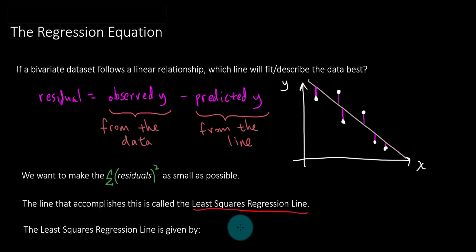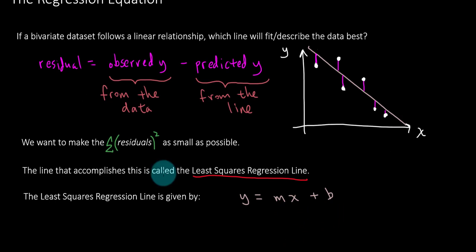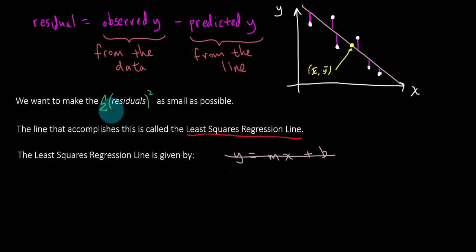So it follows the y equals mx plus b format. But usually when we are creating this line, so we have a number for the slope and a number for the intercept, we represent those letters a little different. So I'm actually going to, maybe I'll just cross this out. We use a different notation.